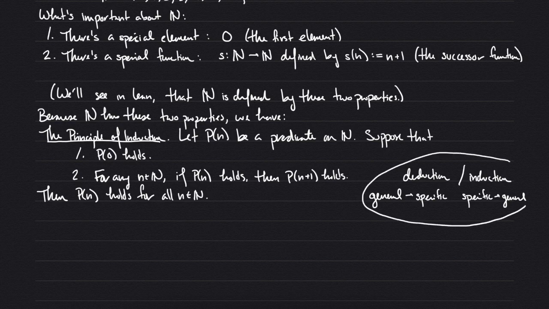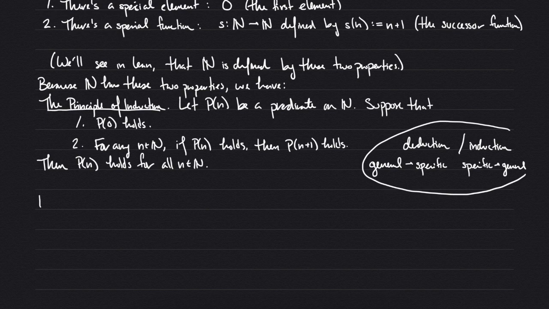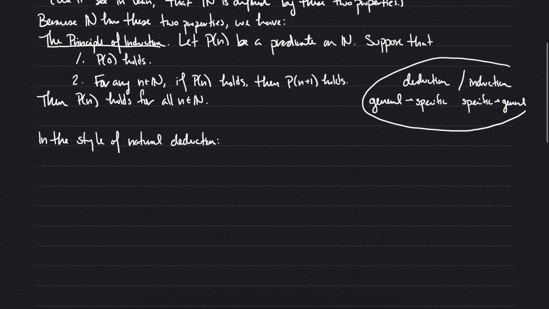It's not very important for our class, but we want to point it out because it will maybe make things clear what's the difference between the words induction and deduction. Okay, so in the style of natural deduction, we can write the principle of induction in the following way. If we want to prove that for all n, P of n holds, then we need to supply two things.